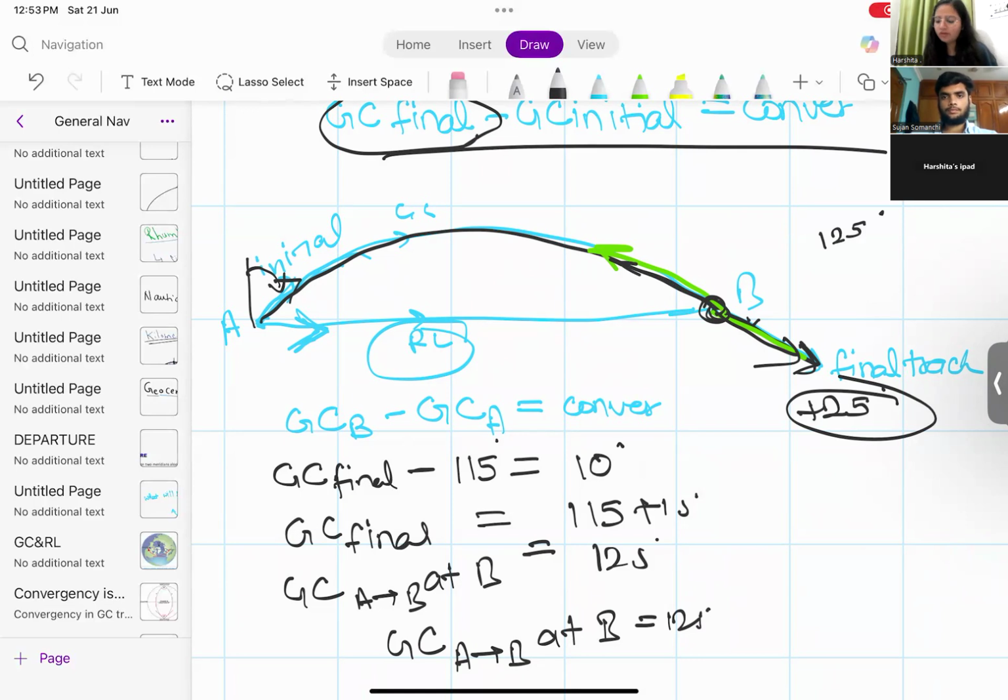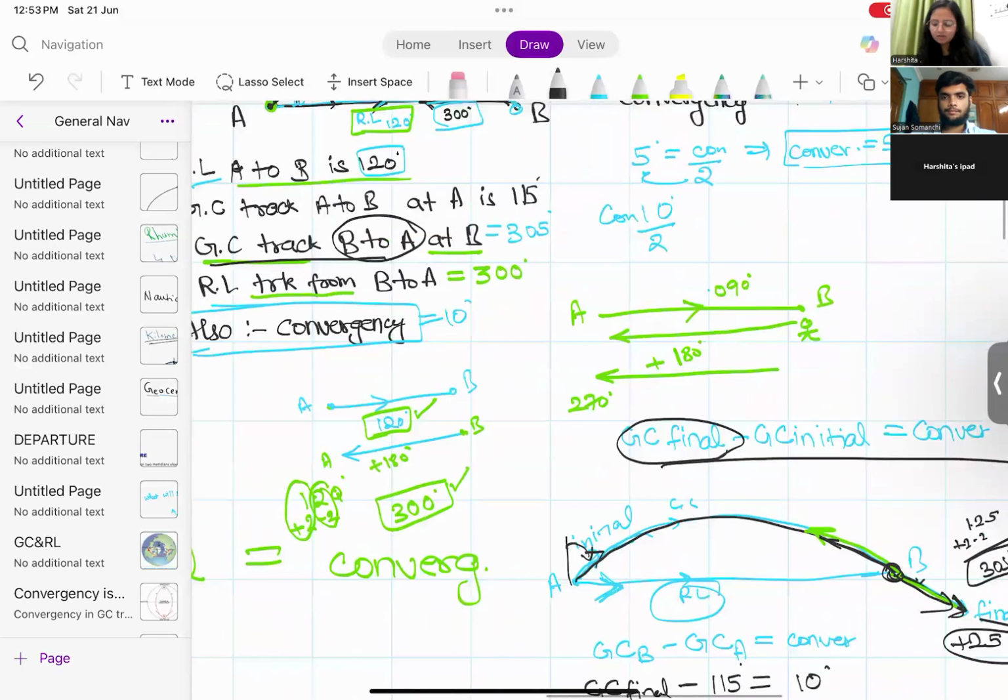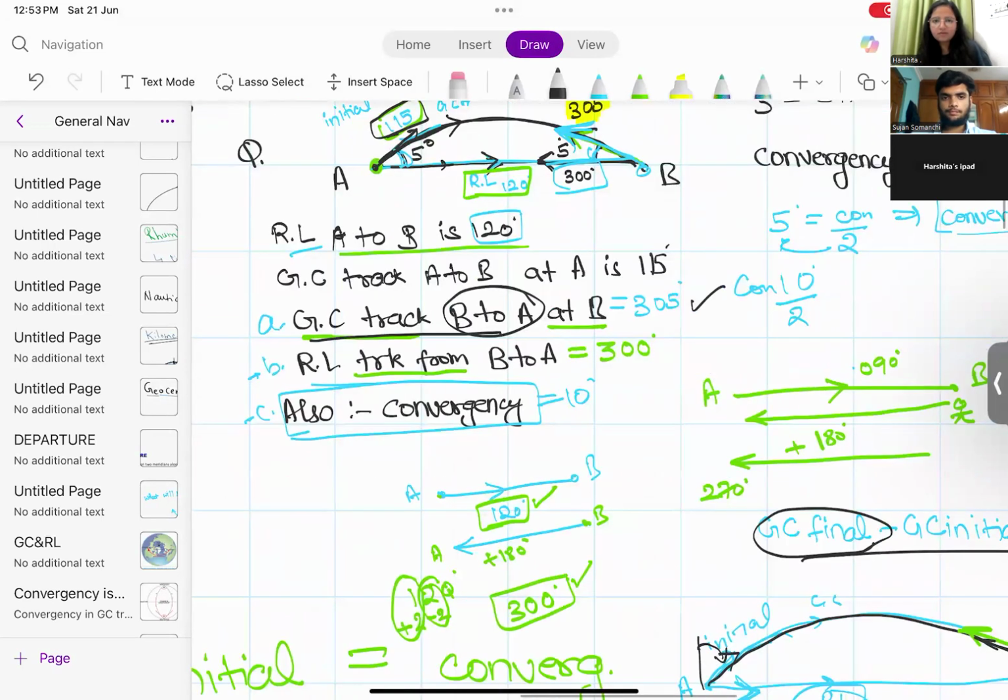What is the opposite of 125? Plus 180 or minus 180. What will it be? 305. Perfect. Did we get the same value here?